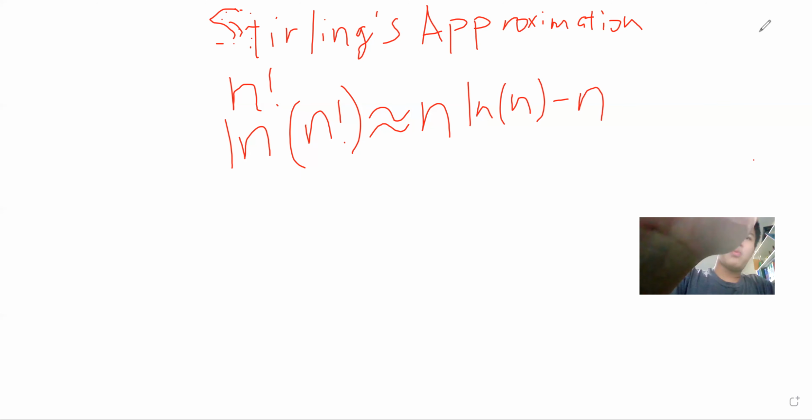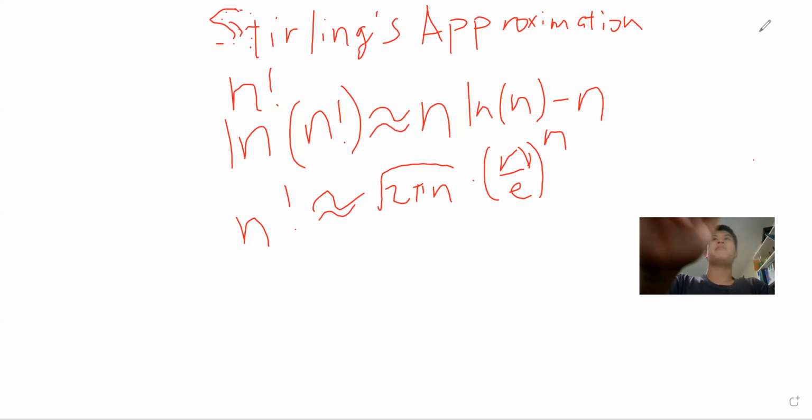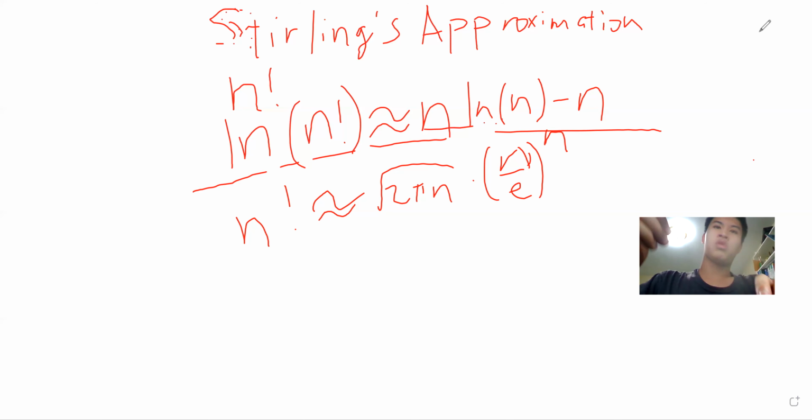Or, if we want to actually approximate n factorial, it will be approximately equal to the square root of 2 pi n times n over e raised to the power of n. So these are Stirling's approximations. The first one is most commonly used.